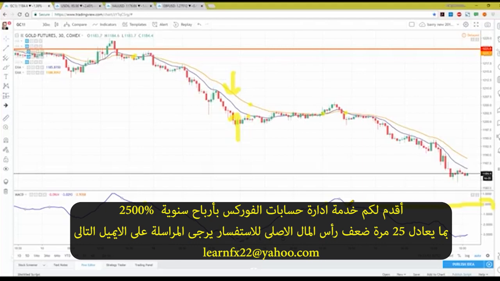When the longer term EMA, or the slower EMA, is larger than the short term EMA, the MACD line down below will be below 0, a negative number.